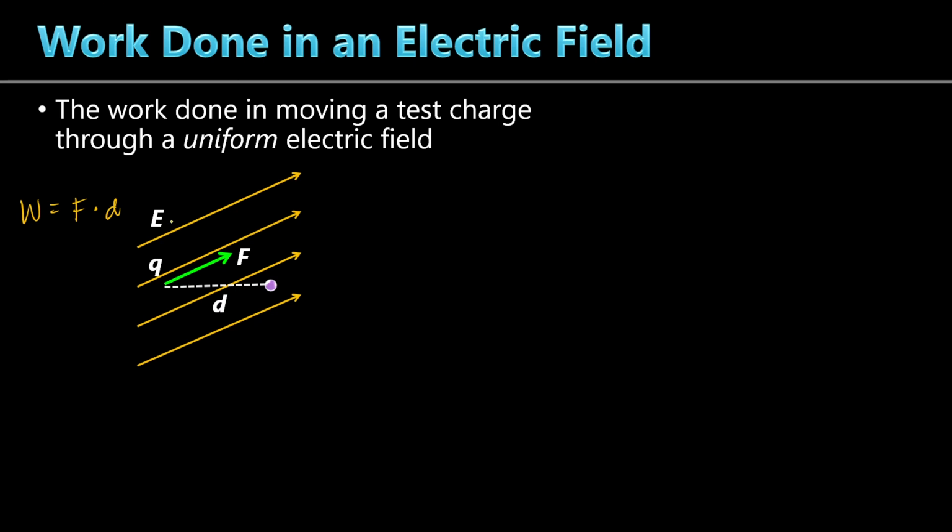Okay, so since the electric field is uniform, we can express this force as a product of Q and the electric field. Okay, now we have the work done, which is equal to QE dot d. Okay, so the work done in moving the test charge from its initial position A to its final position B, denoted as WAB, is equal to QE dot d.